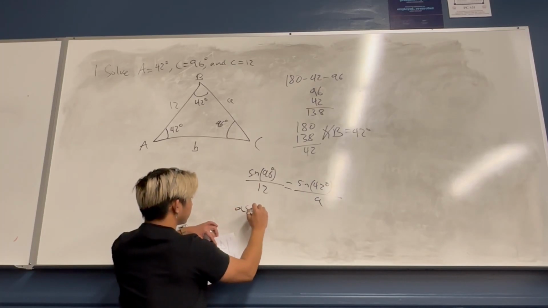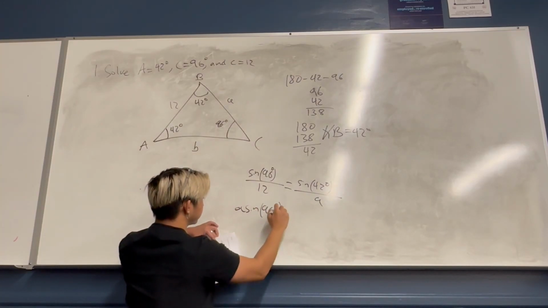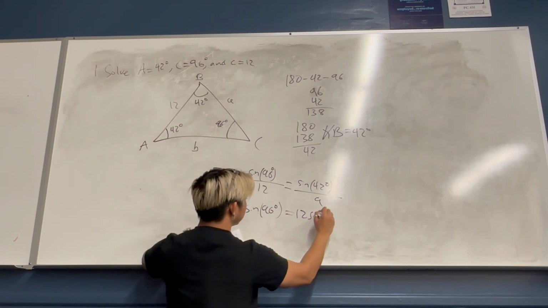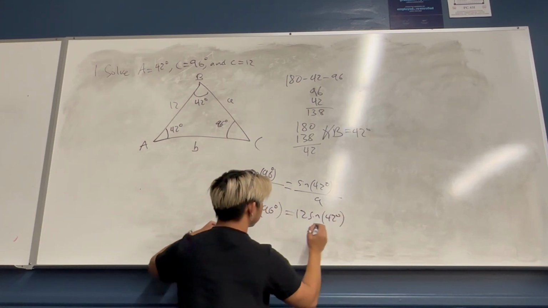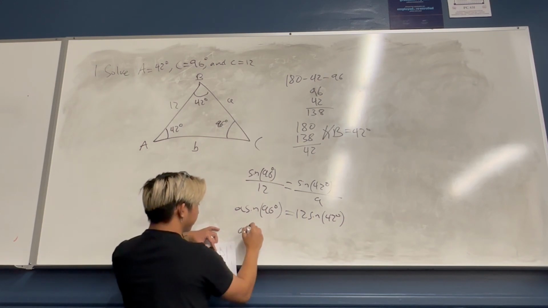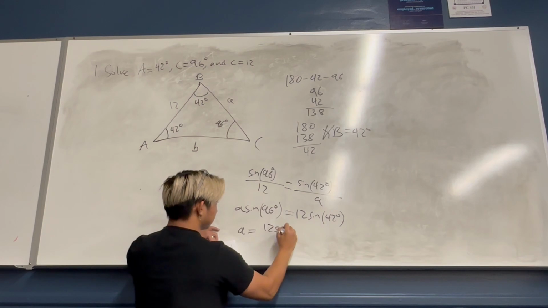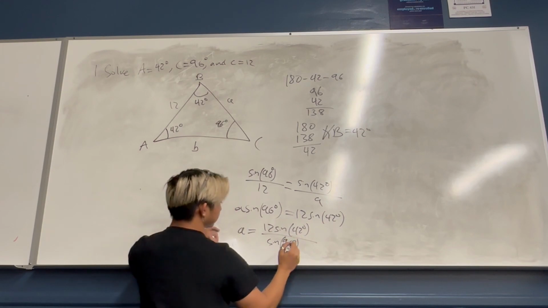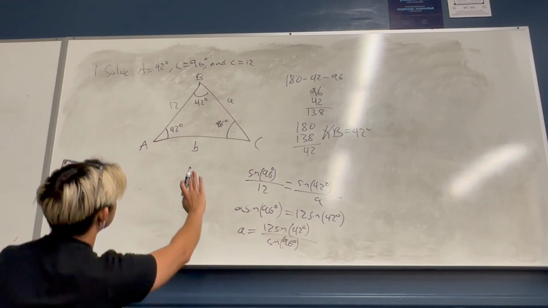So A sine of 96 degrees equals 12 sine of 42 degrees. And if we isolate the A, we get 12 sine 42 degrees over sine of 96 degrees. And so this is our side A.